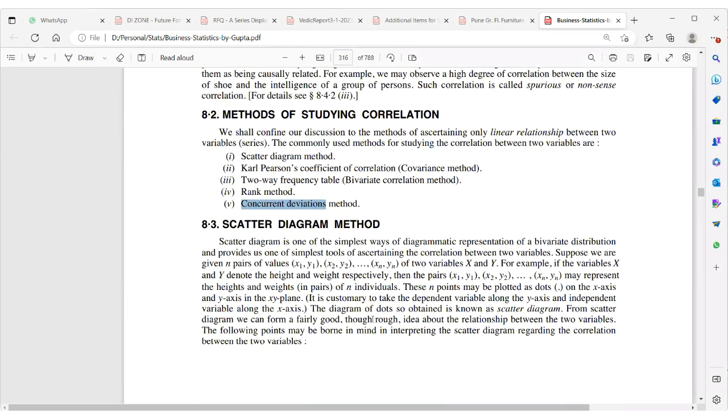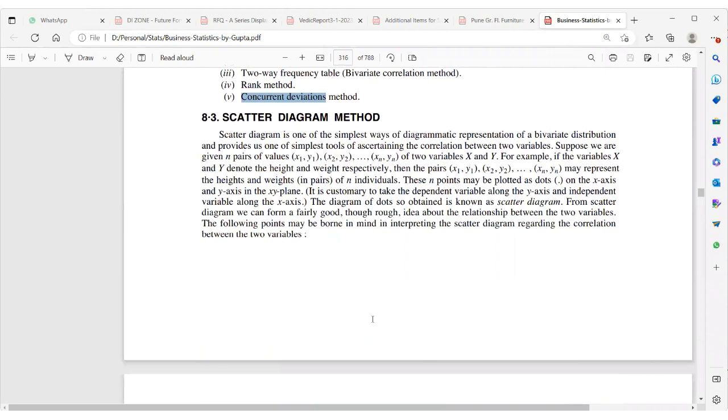Now come to the scatter diagram. What is a scatter diagram? A scatter diagram is a diagrammatical representation of correlation. We have two types of data.